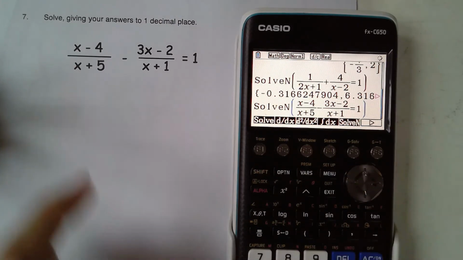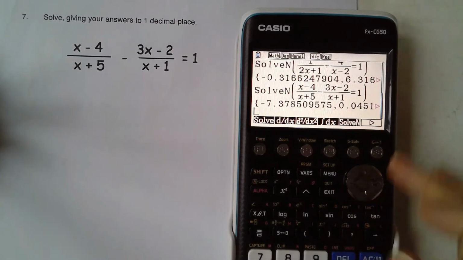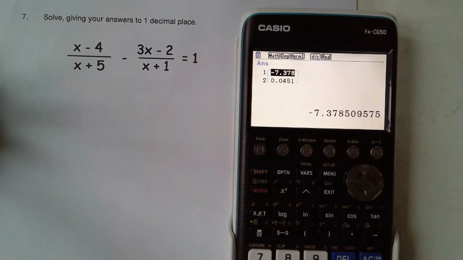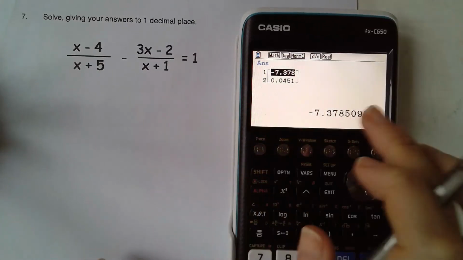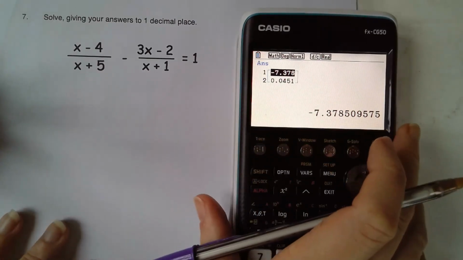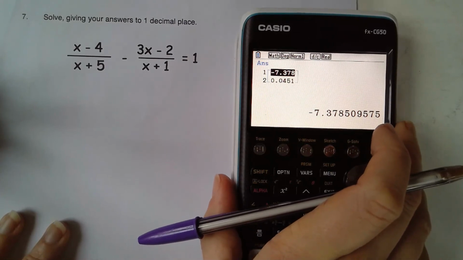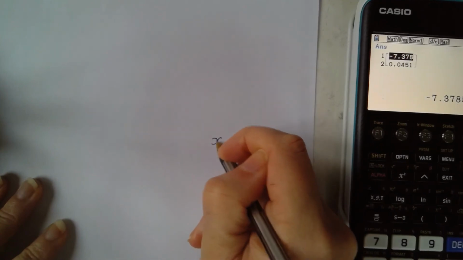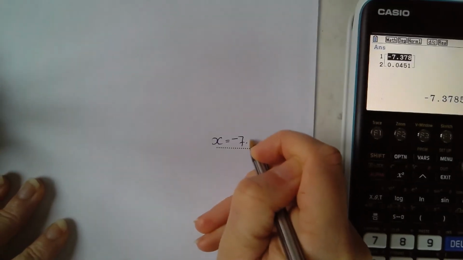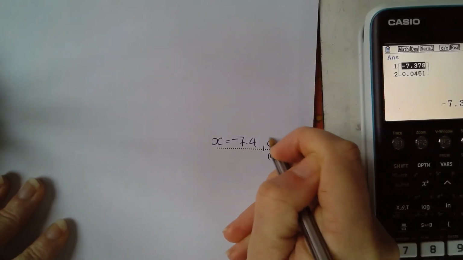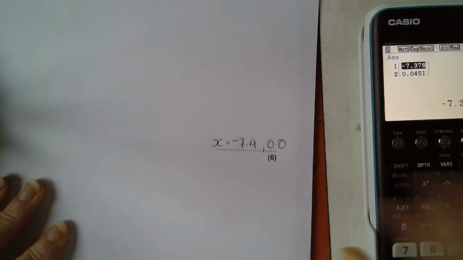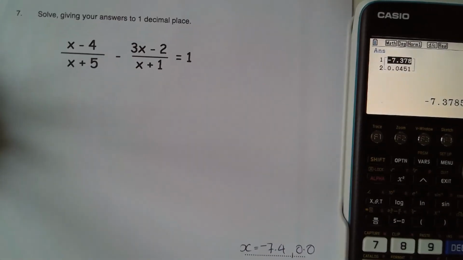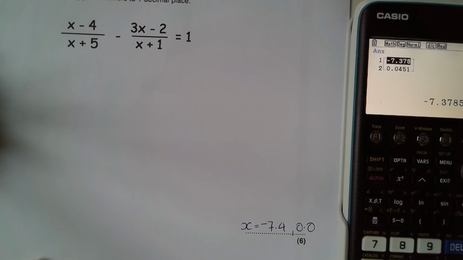Close my bracket. Exit. I prefer to have the table. So it gives me negative 7.4 and 0.00. Okay, because it only wants it to 1 decimal place.